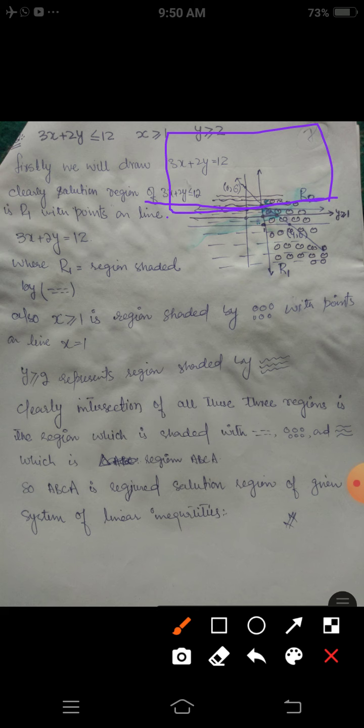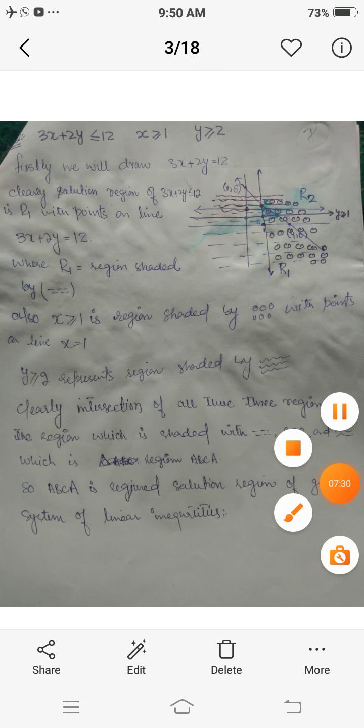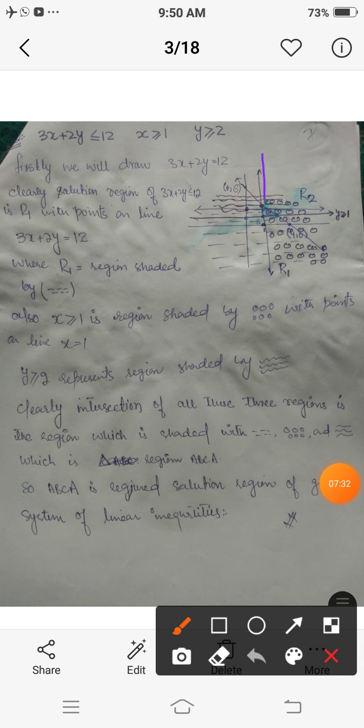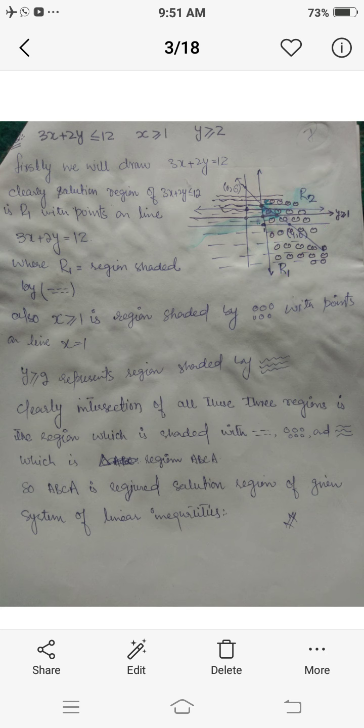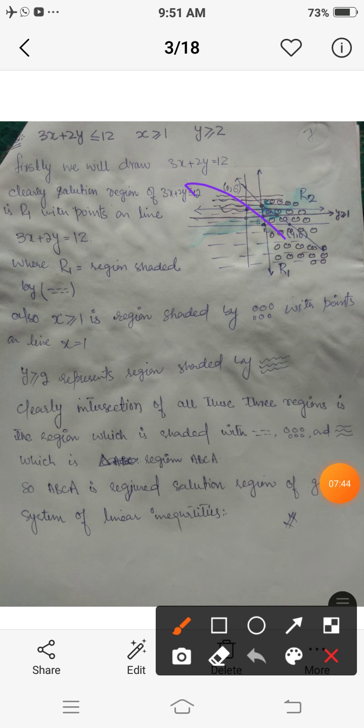Now here we have three regions: this region which represents y greater than or equal to 2, this portion which is represented by x greater than or equal to 1, and this portion which represents 3x plus 2y less than or equal to 12.